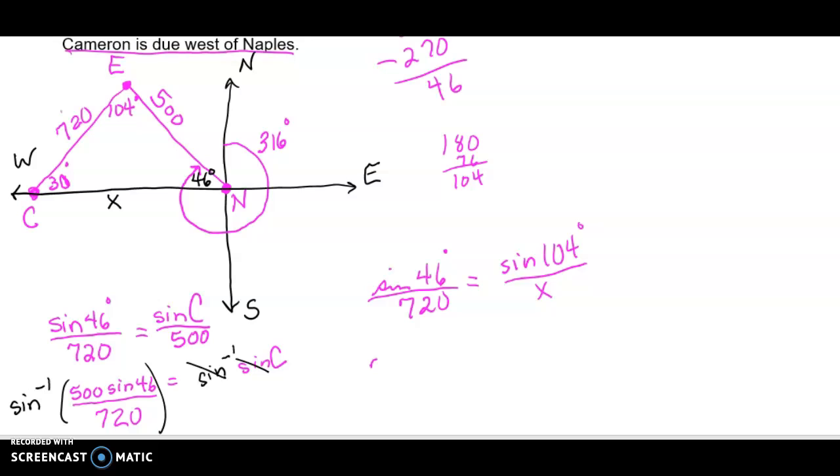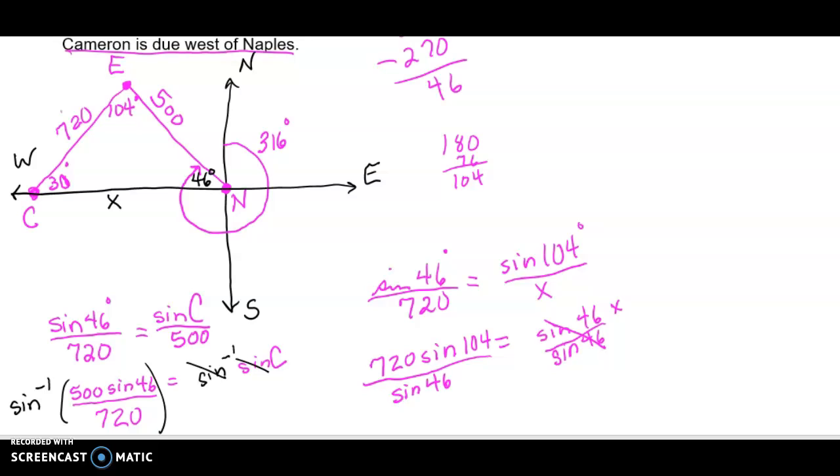So I'd have 720 sine 104 equals sine 46 times x. We'll divide both sides by sine 46.